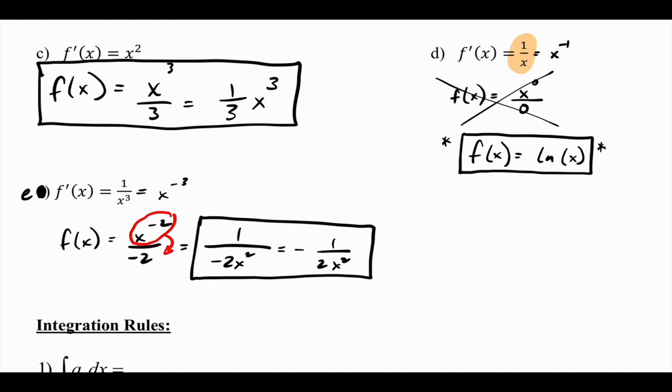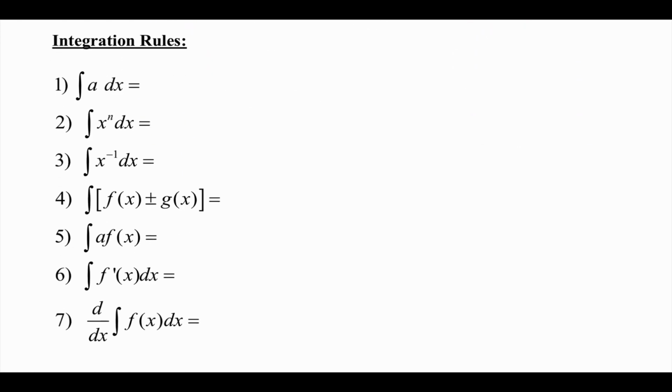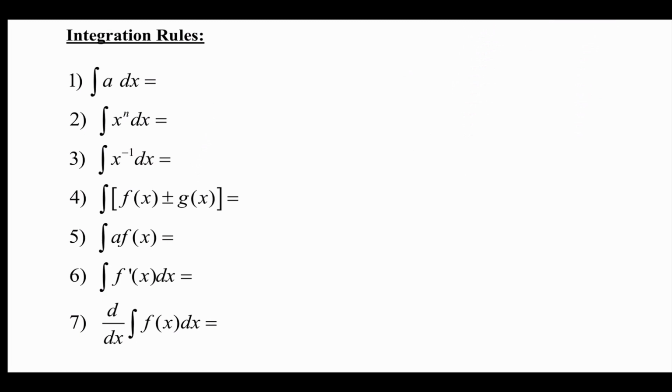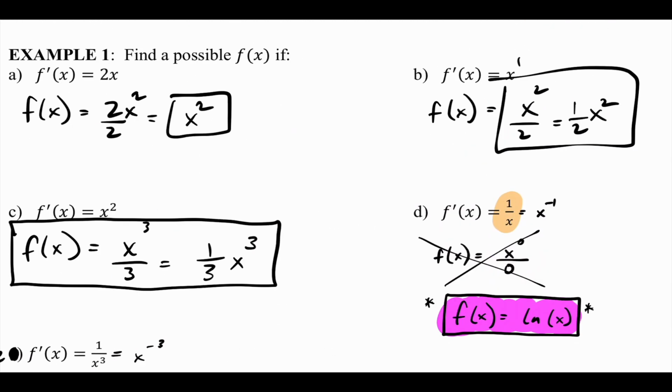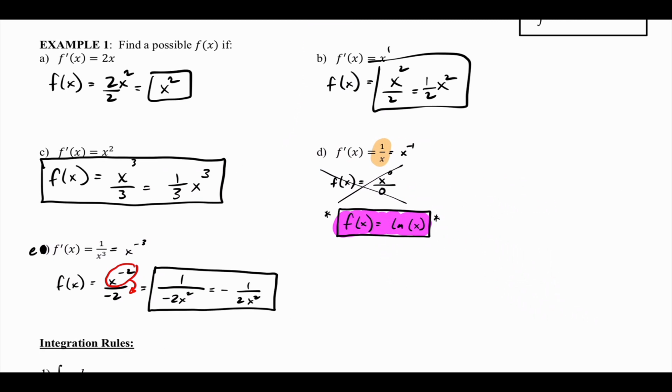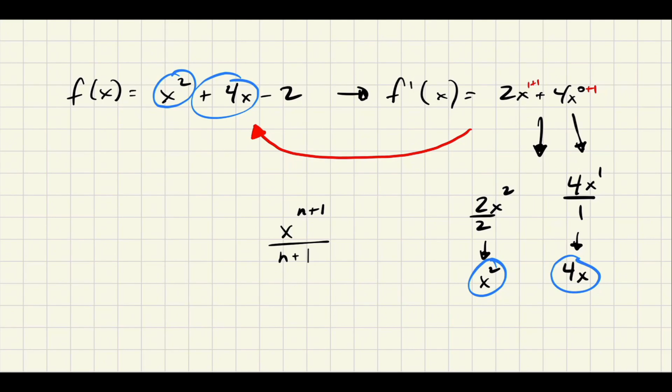Now let's look at some integration rules. Oh, whoops. Sorry, guys, I forgot something. For each of these, we have to take into account that there could be, remember when we said there could be that guy?